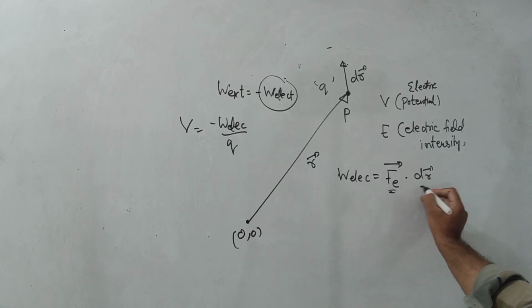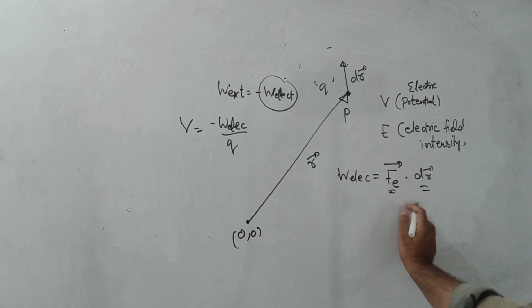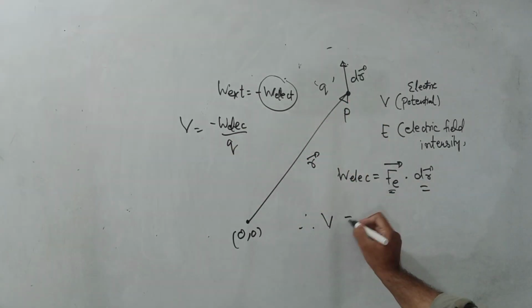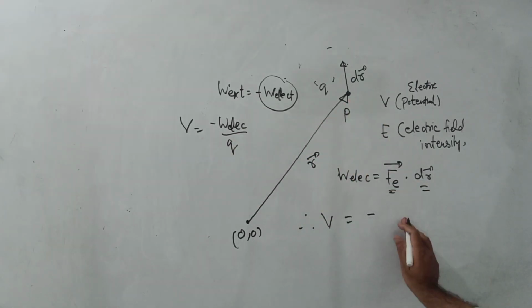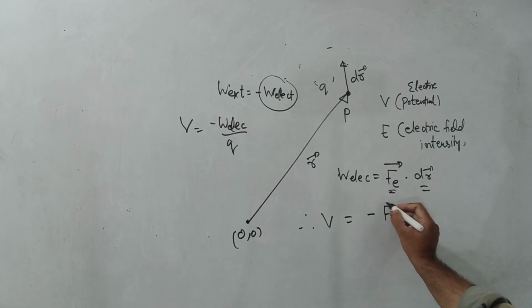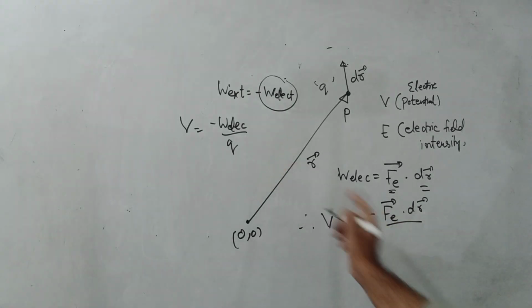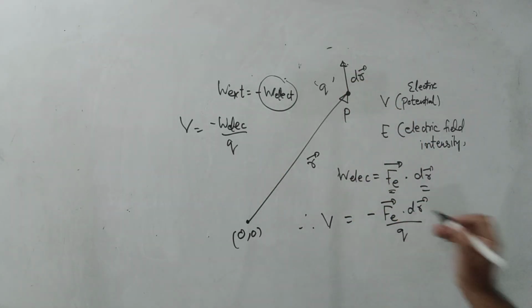This is the electrical force, this is the displacement, and therefore V at this point equals minus Fe dot dr upon the charge q which I am displacing by a small amount.